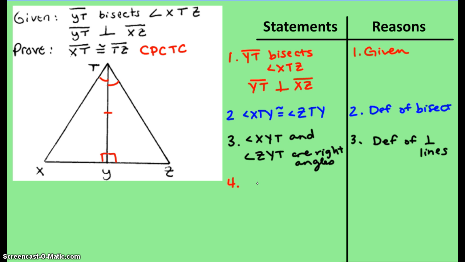Then we can say that they are congruent because they are right angles. The definition of right angles means that they have congruent measures. They are congruent because all right angles are congruent.